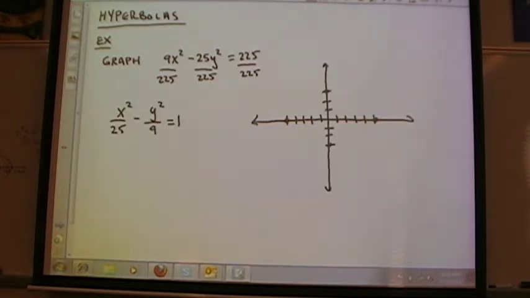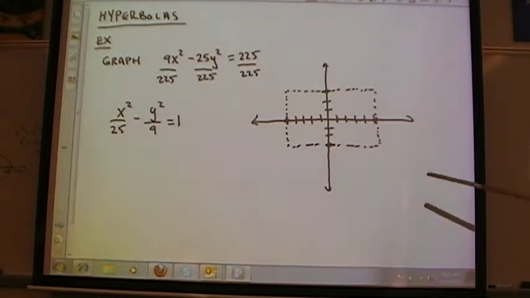And those 4 points are where we make our box. This goes back to what we did in the first section. We draw our box through those 4 points. Why do we draw the box? So I can get my asymptotes.